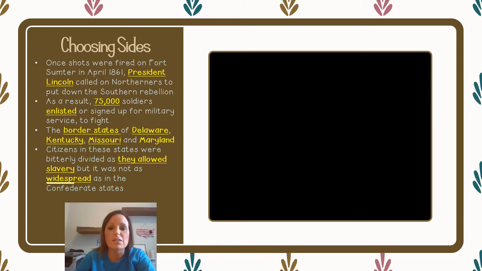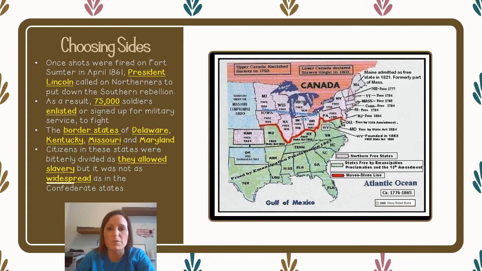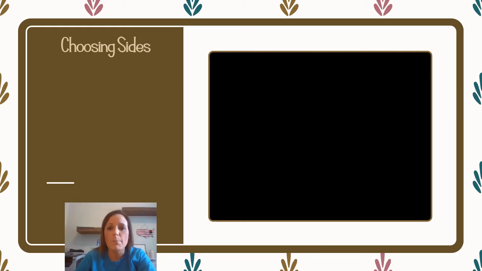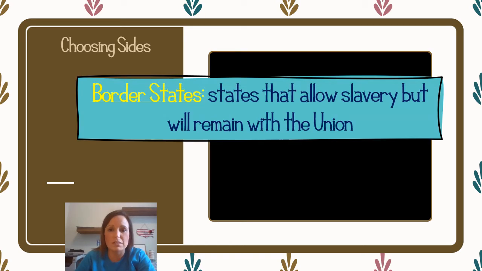For many states, choosing sides in the Civil War was easy. An invisible boundary formed between states that allowed slavery and ones that did not. This line was called the Mason-Dixon line, but for some it wasn't as cut and dry as it seems to decide which states would remain in the Union. 4 states, Delaware, Maryland, Kentucky, and Missouri, were called border states, or states where slavery exists, though it was generally not as widespread as in the states further south.